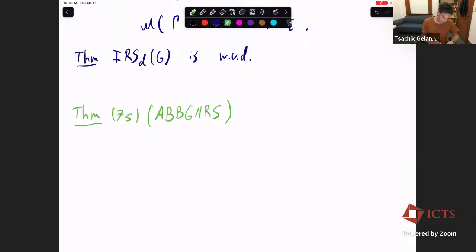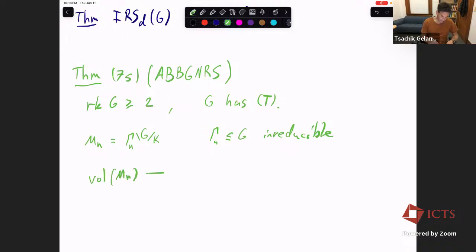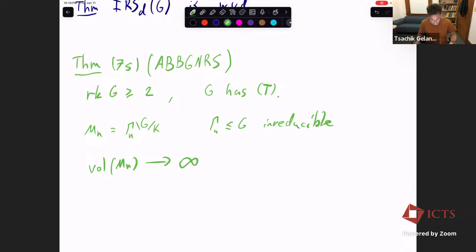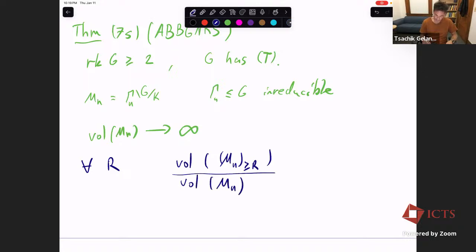So we show that if G is a semi-simple Lie group of rank at least 2, and let's suppose that G also has property T, and let M_n be, if you want, manifolds where Gamma_n in G is an irreducible lattice, and suppose that the volume of M_n goes to infinity, then we show that for any R, the volume of the thick part, where the manifold is fat, is almost everything.